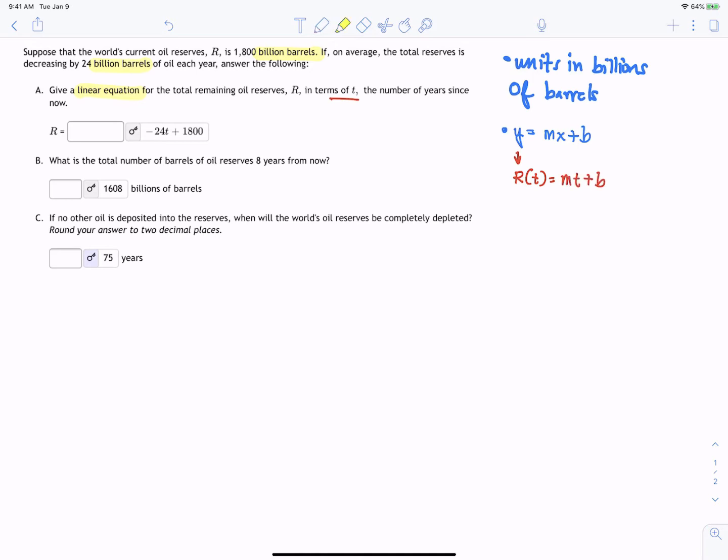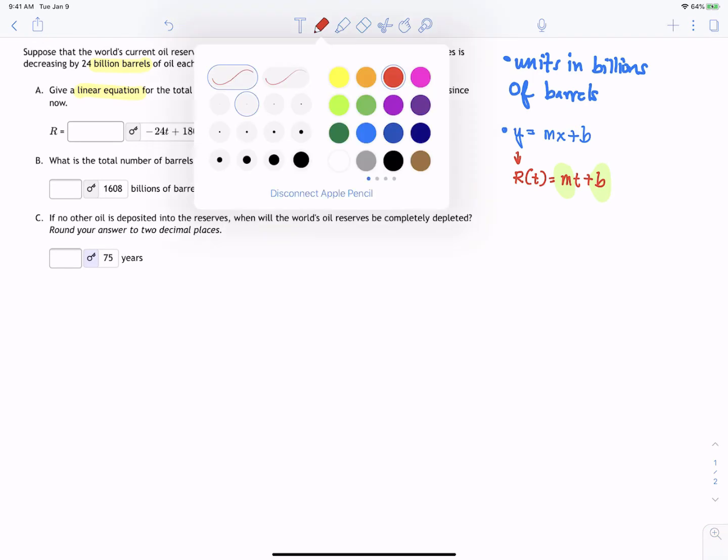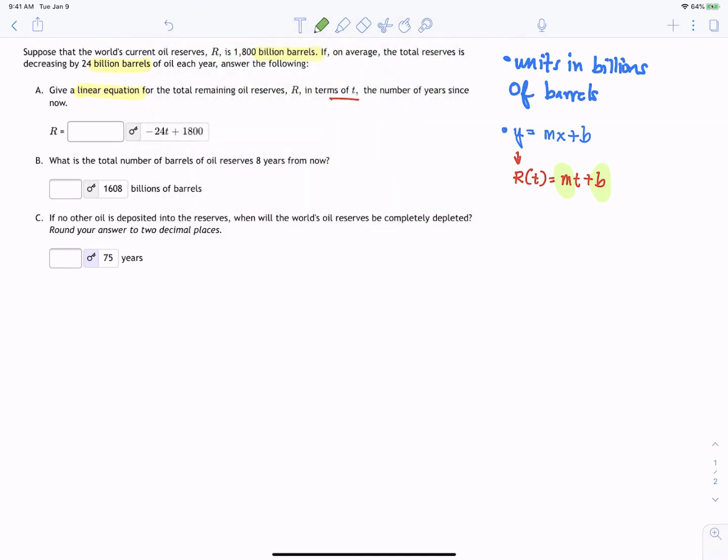So we're going to have to go ahead and find the slope and the b. Now recall that the slope itself is a rate, where the b is the initial amount or the starting amount, and graphically we know it as the y-intercept.